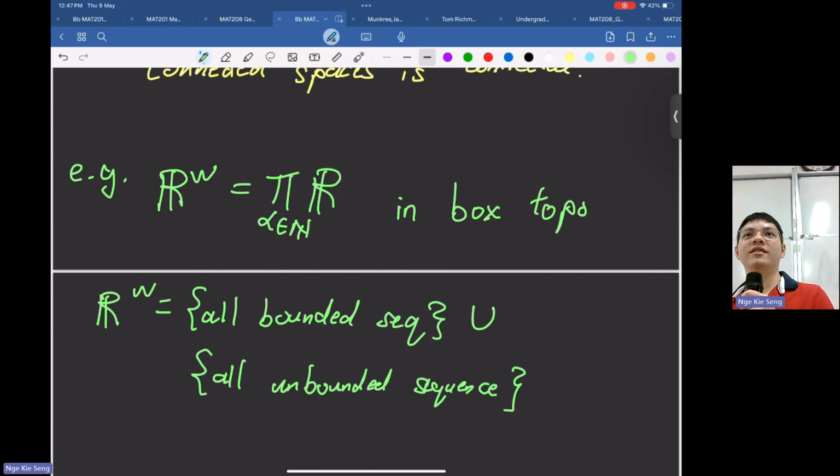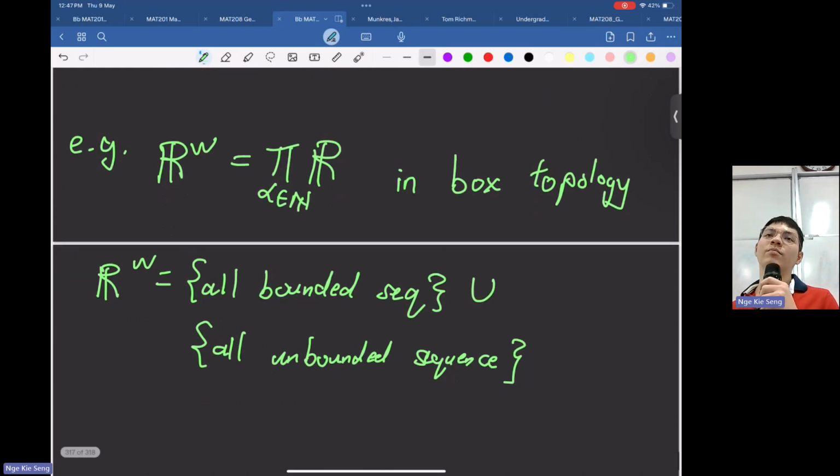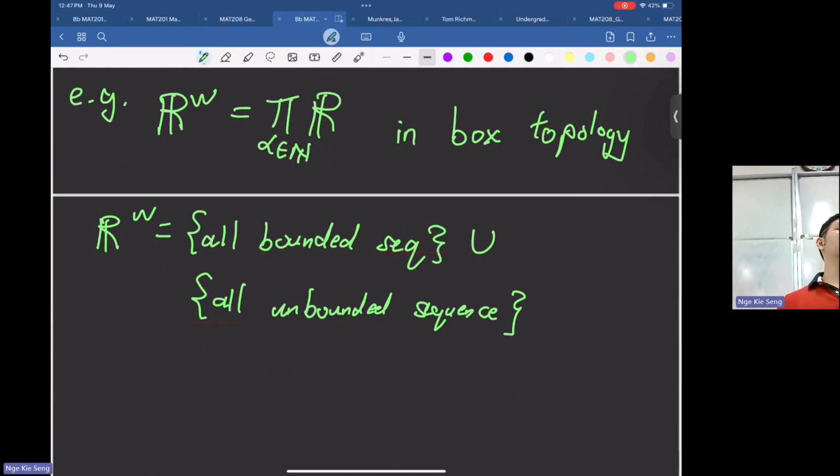So who are the open sets here? Under box topology, the basis is what? Products of open sets in R.